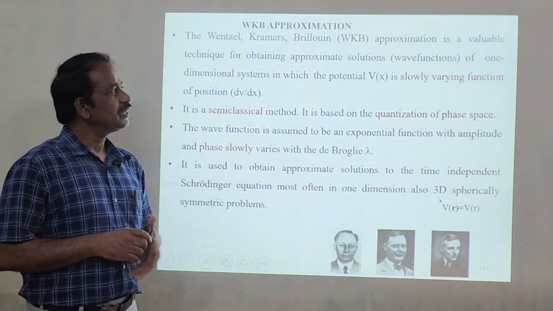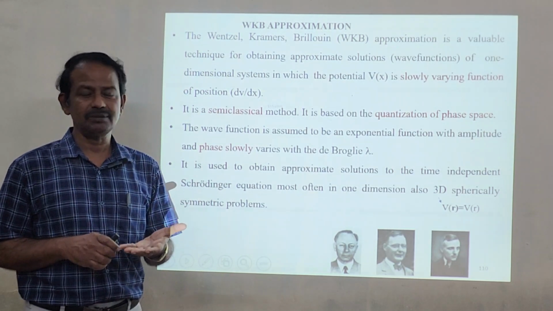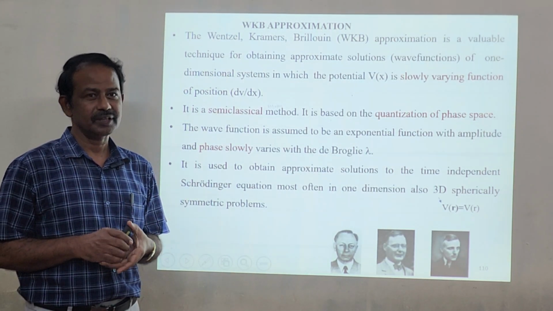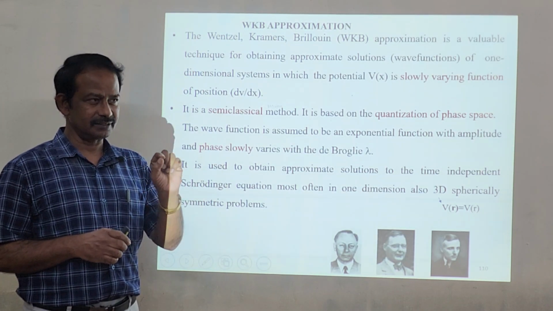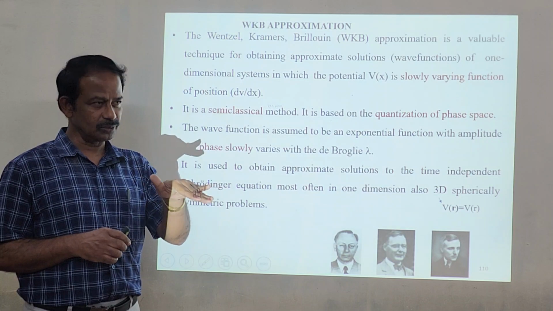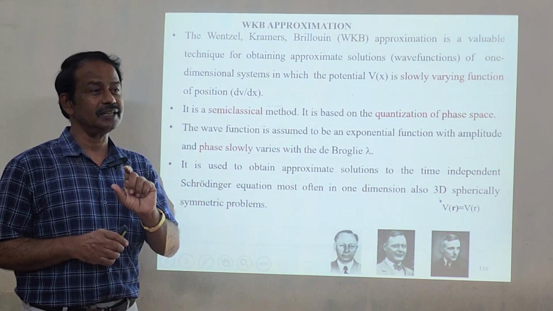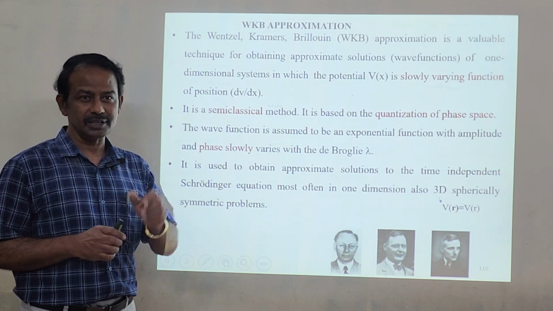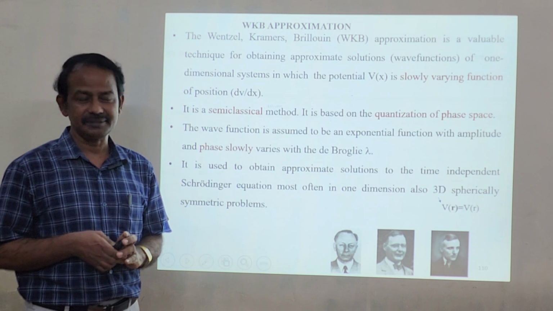And of course, in the WKB method, the potential will vary slowly. The variation of the potential will be very low, a very slowly varying potential, and this is compared with the de Broglie wavelength. Only then will the WKB approximation be valid.